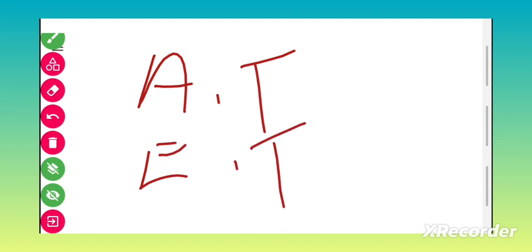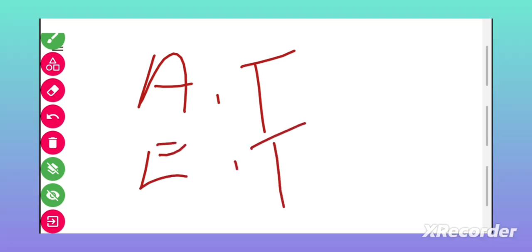We have the analysis time frame, then another time frame, the entry time frame, and the last time frame, the refined time frame. We are going to look at each time frame and its role.